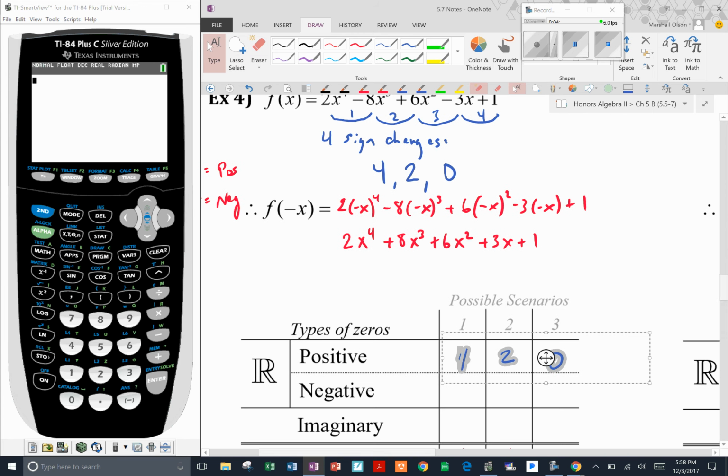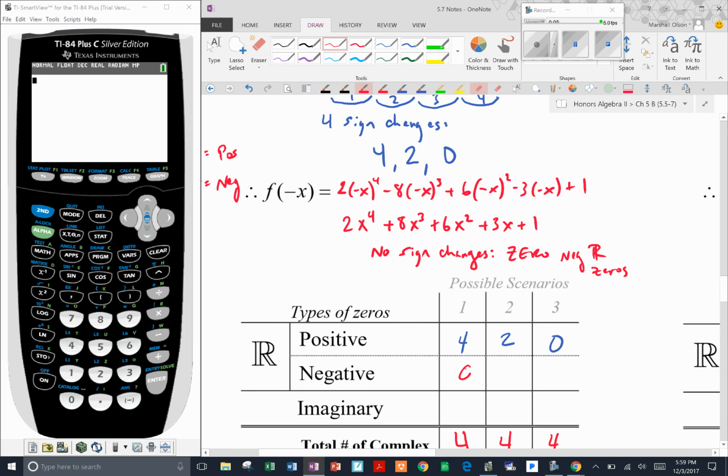Alright, so we have 0 sign changes, or no sign changes, which means that there are 0 negative real zeros. Okay, so all we have in these scenarios are 0 negative real zeros.